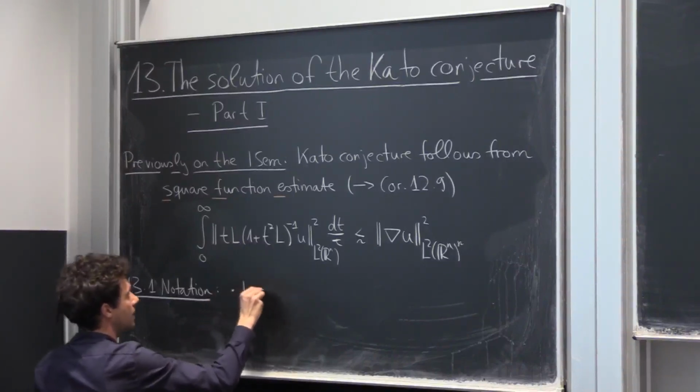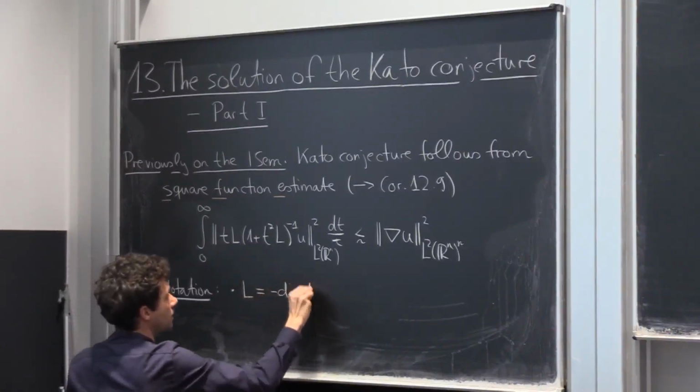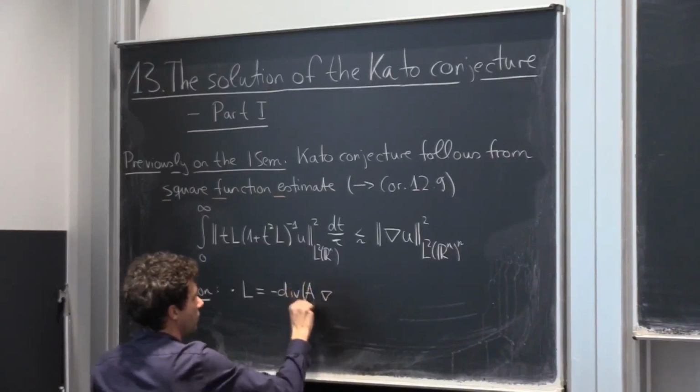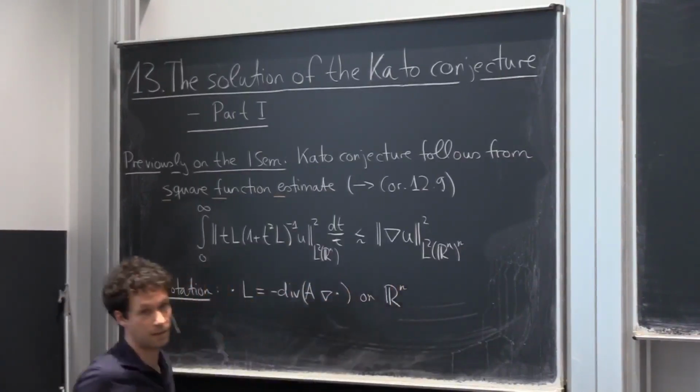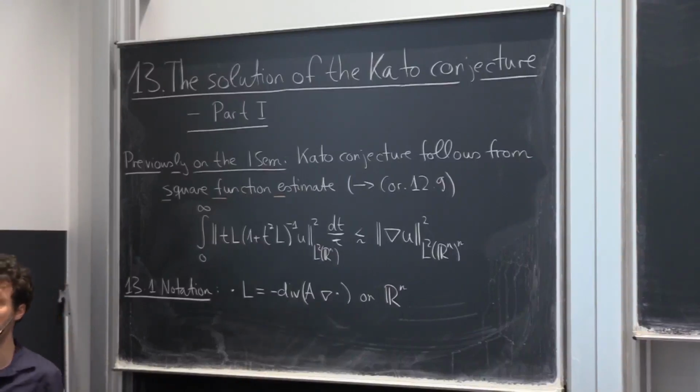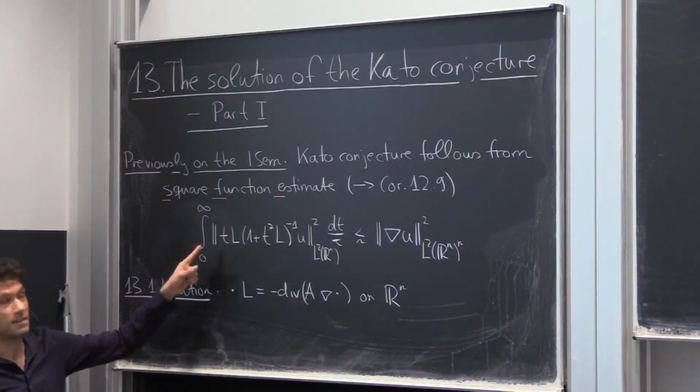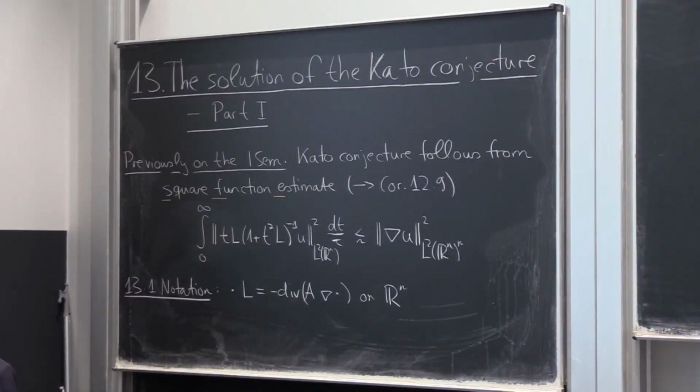So L is always going to be a divergence form operator on Rn, of course, and then it has ellipticity constants lambda and capital lambda associated to this guy. Keep in mind that we have to prove this estimate for every operator L, which is fine because we're not going to specify the coefficients anywhere other than using ellipticity.